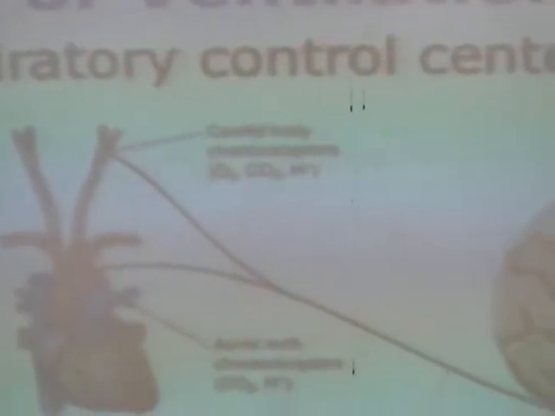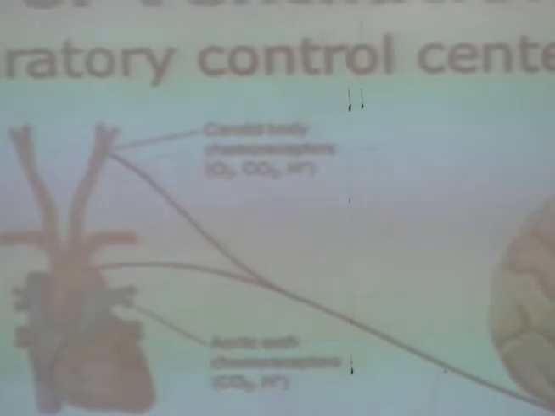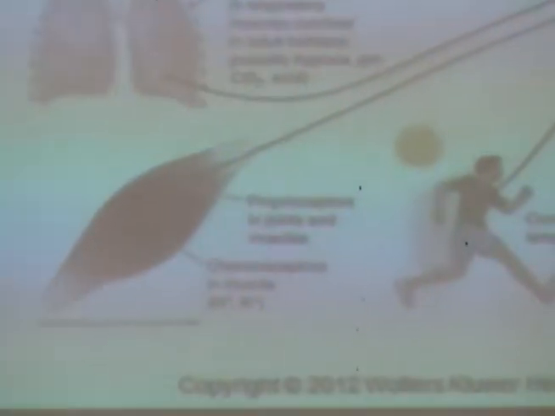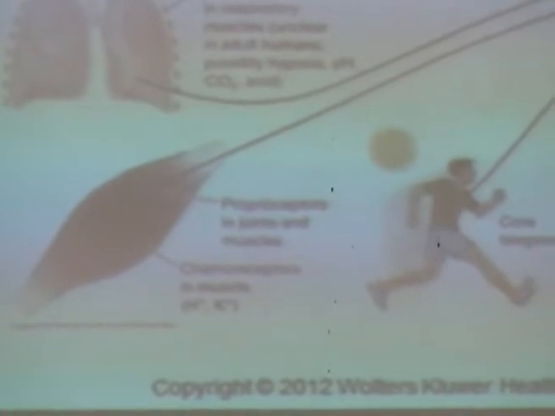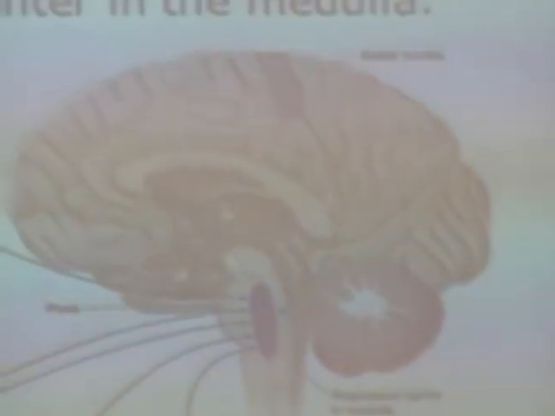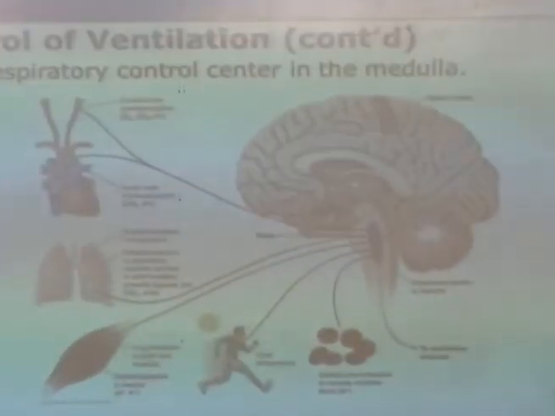Also, there are chemoreceptors in the medulla that will respond to that hydrogen, okay? And they will change the rate and depth of breath, or they will send messages that result in breath changing depth and rate, right?